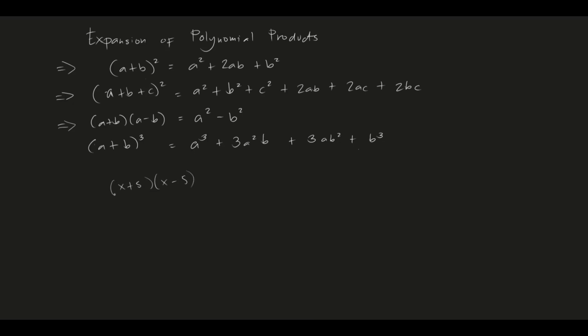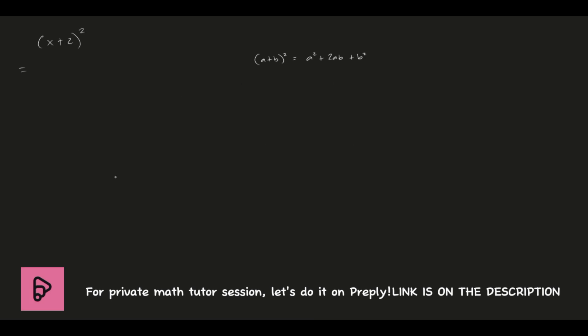This formula is applicable only if you have this kind of format. And for the last formula given here, if we have the quantity of a plus b, quantity cubed, then the expanded form is a cubed plus 3a squared b plus 3ab squared plus b cubed.